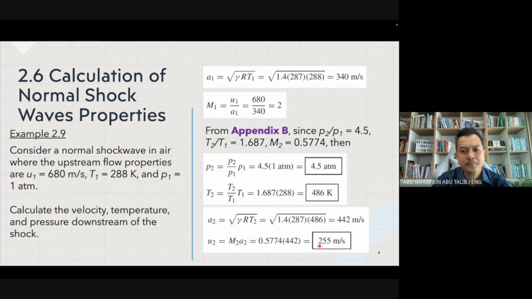All right. So basically, if you read the correct values from Appendix B, you will then get the corresponding correct values.